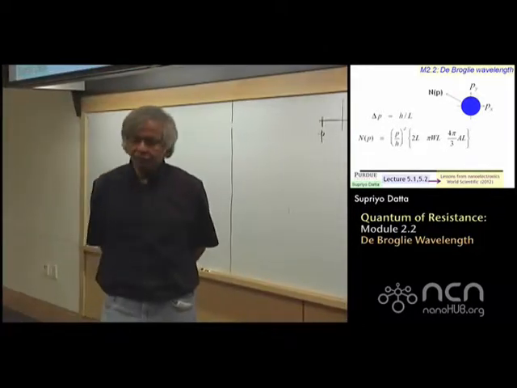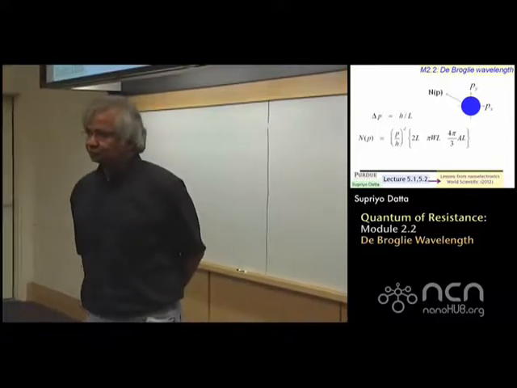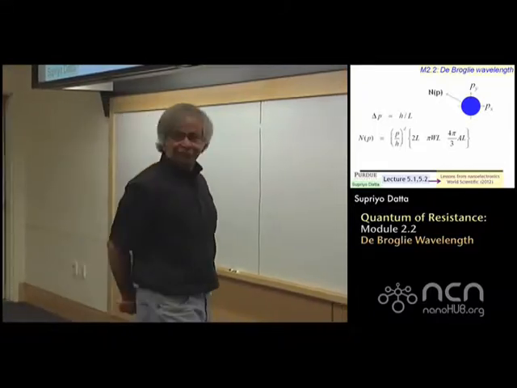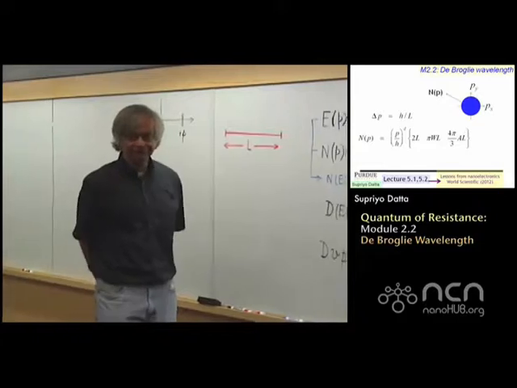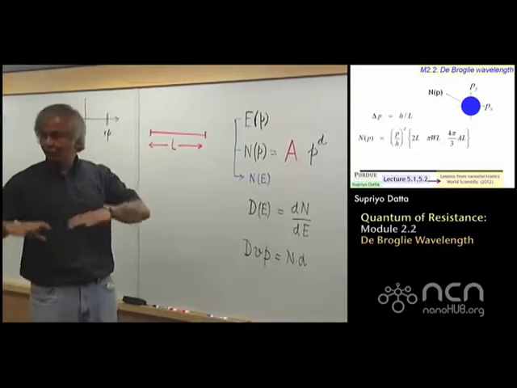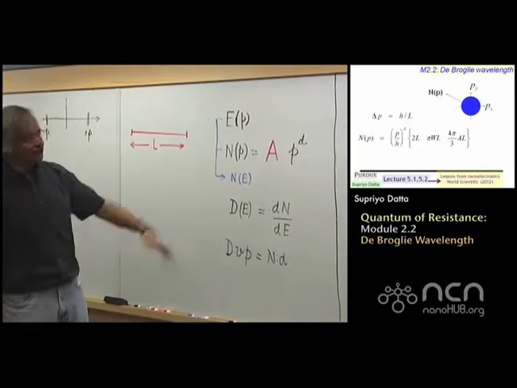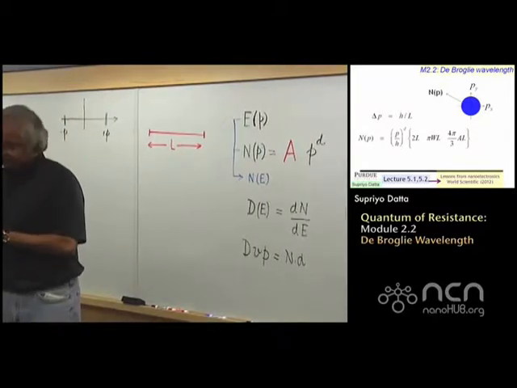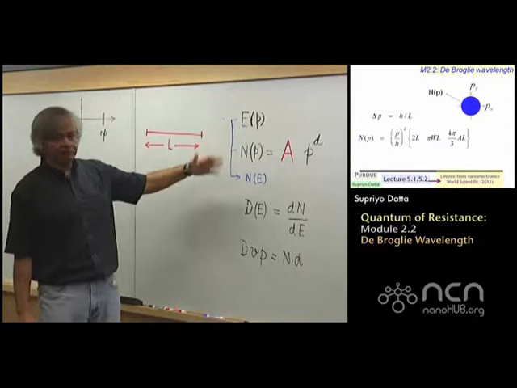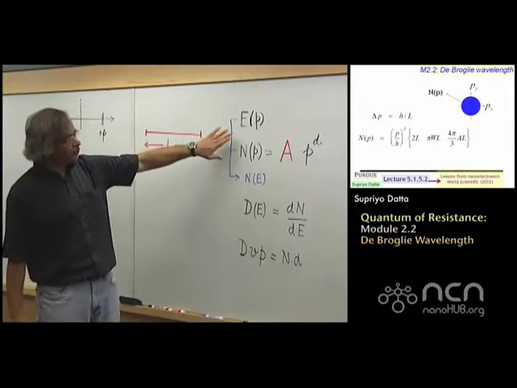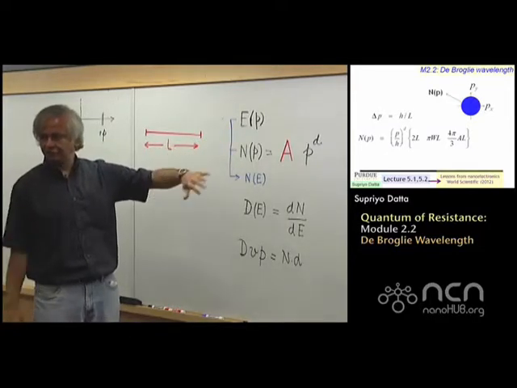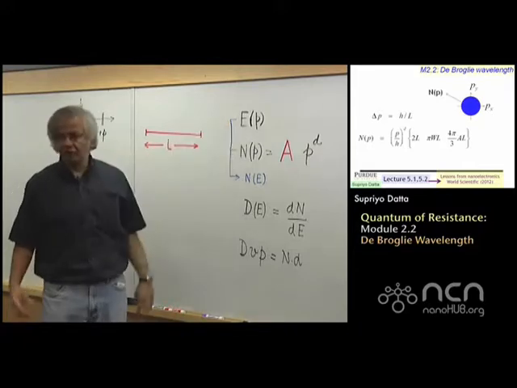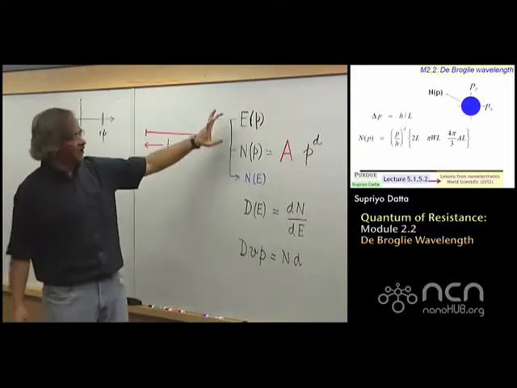So, welcome to module 2.2. And just to remind you what we did in module 2.1, the overall objective of this week is to introduce a model for calculating the density of states. And in module 2.1, I introduced this simple model that we'll be using, which starts from this energy momentum relation.